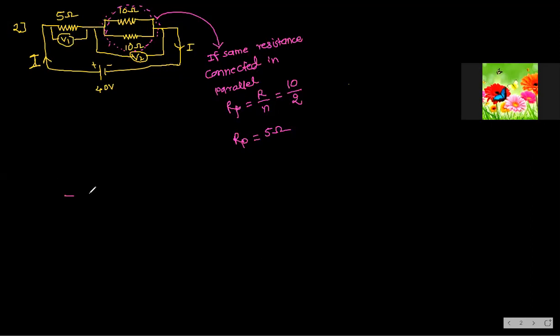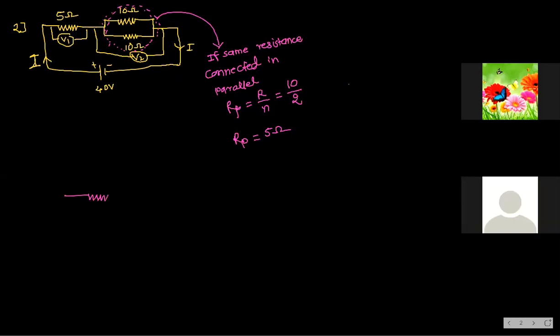Now you can redraw the circuit, and can you do it yourself now? It is very easy. This is 5 ohm and this is also 5 ohm. Here the supplied potential is 40 volt.